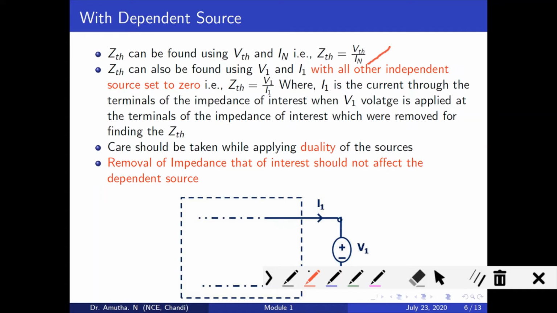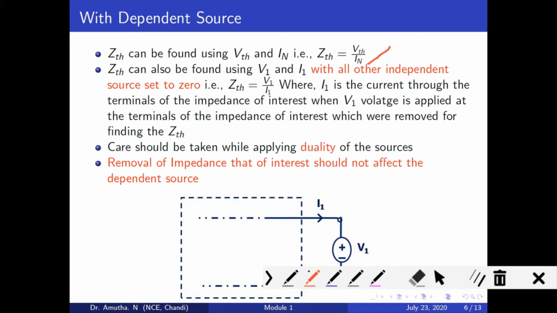Whereas in case of independent sources we have removed all the sources and reduced the circuit using the parallel series combination of the impedances, and then found the Thevenin's impedance. Here it is just opposite. After finding the V Thevenin and IN, we have to use those values to calculate the Z Thevenin. And this is one method.